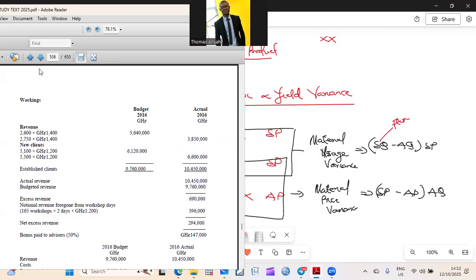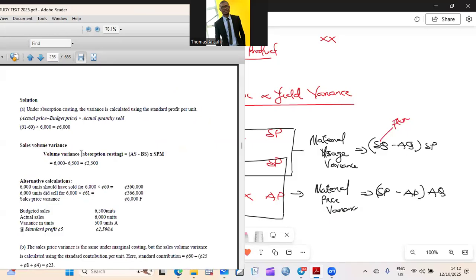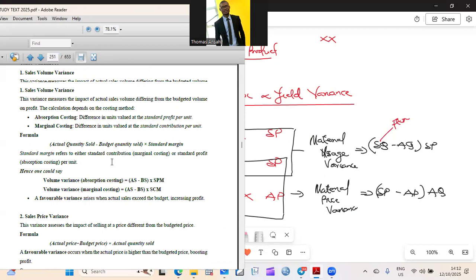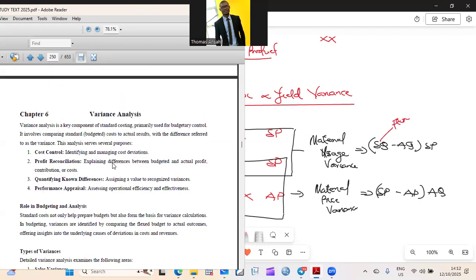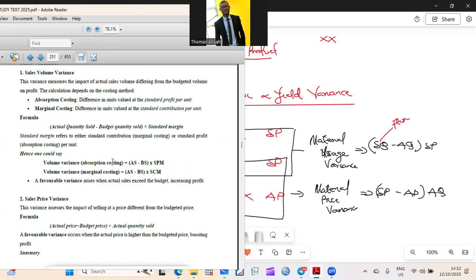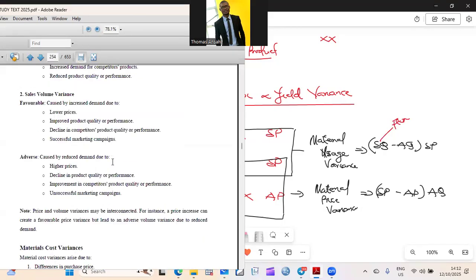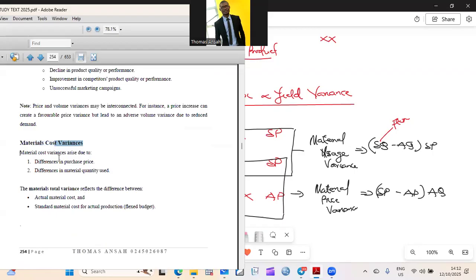Which page is that question set? Variance. Yeah, this is the basic variance. So material variance, this material cost variance.